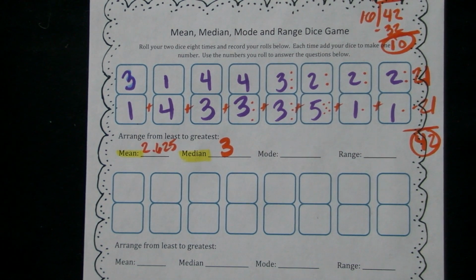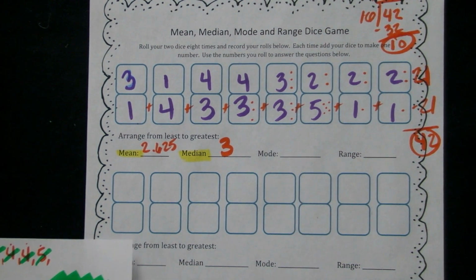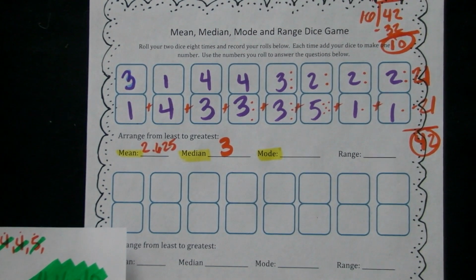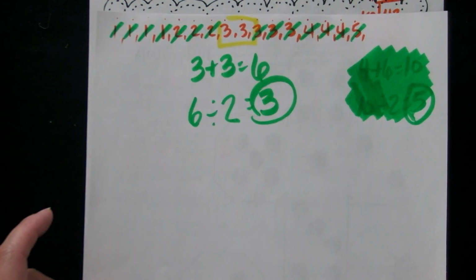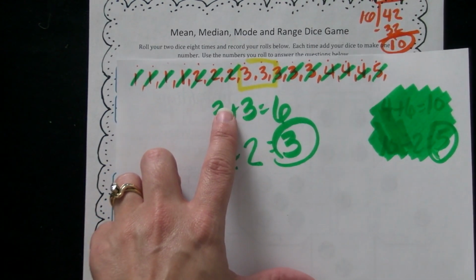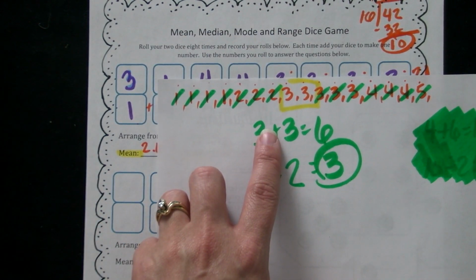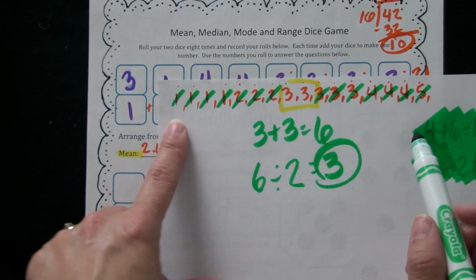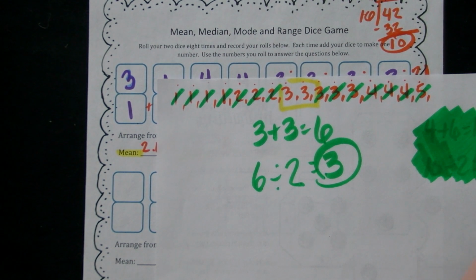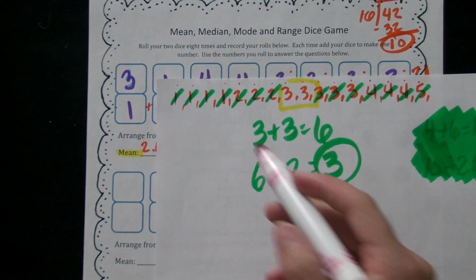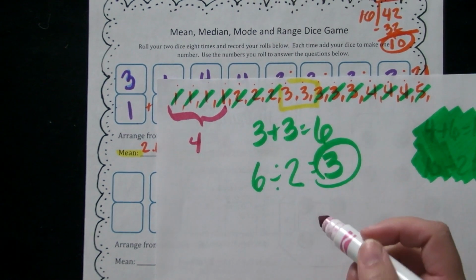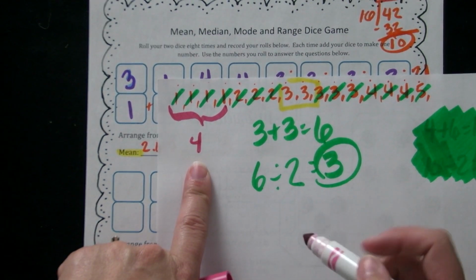All right, so again, when you get to mode, the mode means the number that appears the most. I kind of have it written here, which is nice that you can still see them, so I'm not going to rewrite them. I'm going to take a different color, though, just to differentiate. If I'm looking at my 1s, I see that they were used 4 times.